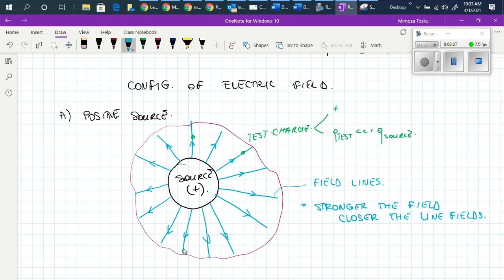So this is telling us that when we are close to the source, in this area A here, we have a stronger electric field than when we are at area B away from the source.